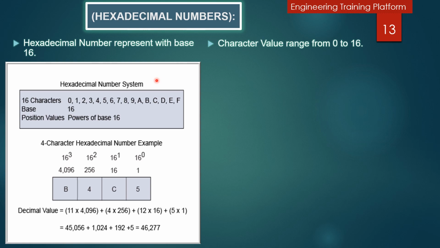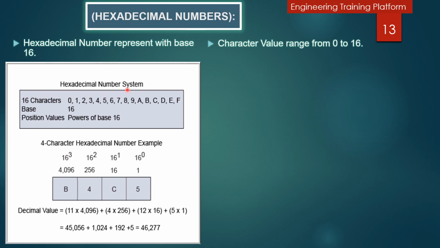Each position is associated with a power of 16. You can convert a hexadecimal number to an equal decimal value by adding the equivalent decimal value for each position in the hexadecimal number.